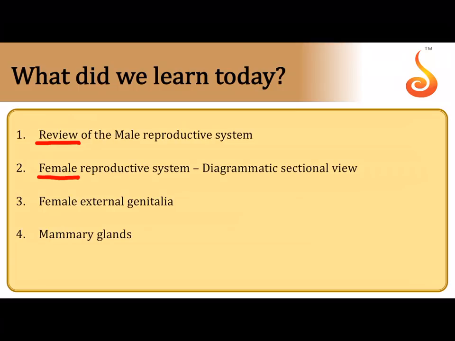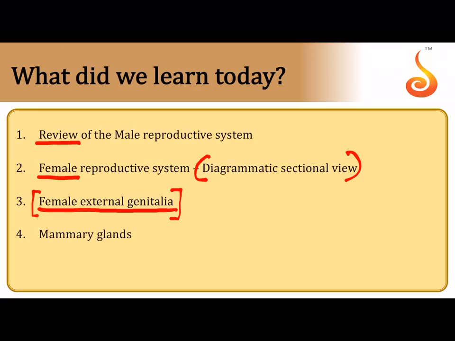And then I started off with the female reproductive system, and the first thing I dealt with was the diagrammatic sectional view of the female reproductive system, showing the fallopian tube, the uterus, the cervix, the vagina, isn't it? Then we moved on to the external genitalia. Remember, the diagram part of the external genitalia is not given in the NCERT, so you may not be asked that in your board exam, but the components they will ask you.